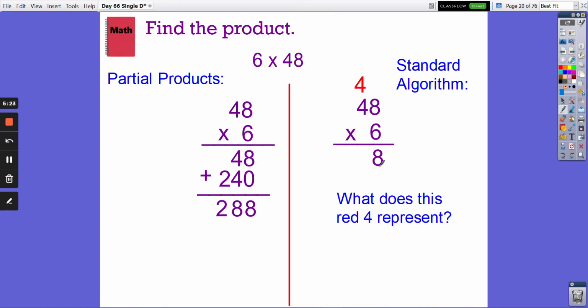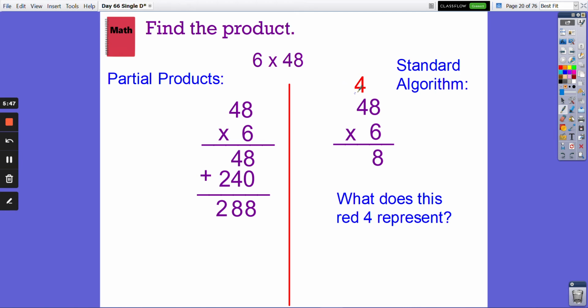I wrote the 8 down here and I wrote the 4 up here. Well, why did I do that? My original answer when I did 6 times 8 was 48. Why do I have that red 4 up there? What does that red 4 represent? Well, in 48, that 4 is in the tens place.